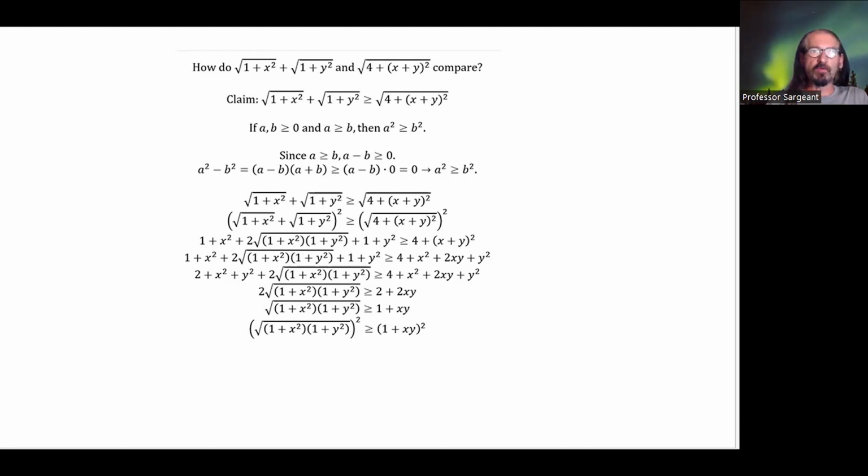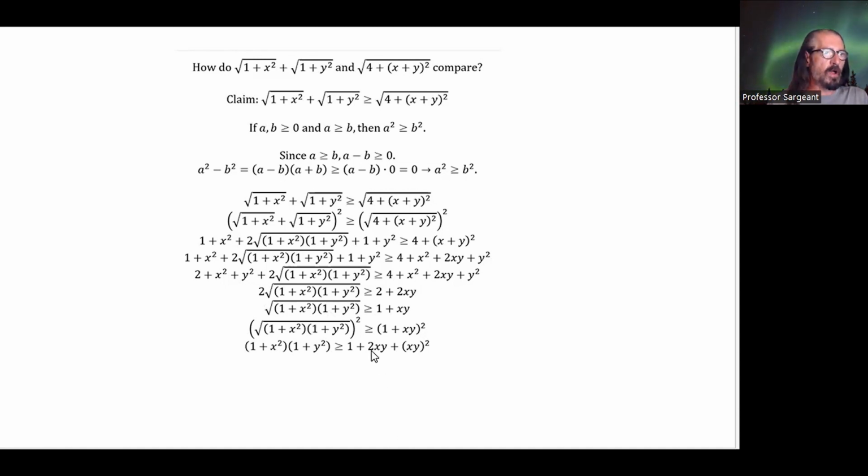On the left-hand side, that's going to cancel. And on the right-hand side, I have, again, distributed or used FOIL, as we say in the United States, or the special product formula, that we would have the 1 squared and the xy, that quantity squared, but in between plus 2 times 1 times xy.